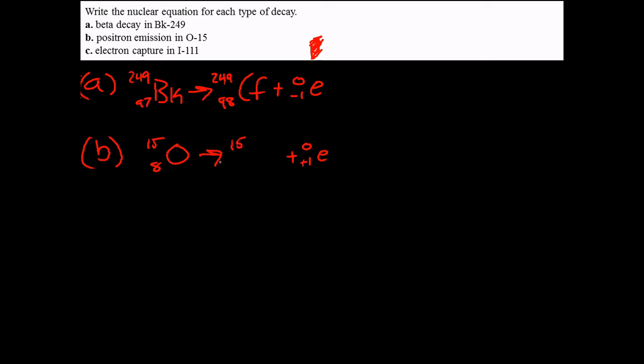It only changes with alpha decay. The atomic number, if we're going to have 8 total on the right, since we have 8 total on the left, has to be 7. 7 plus 1 gives us 8. And that is nitrogen. So that is the nuclear decay equation for the positron emission of oxygen-15.